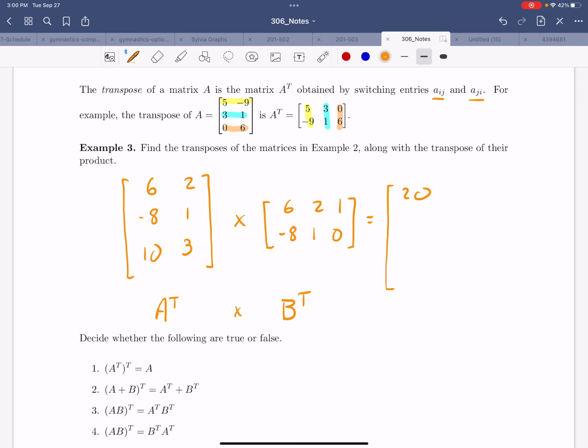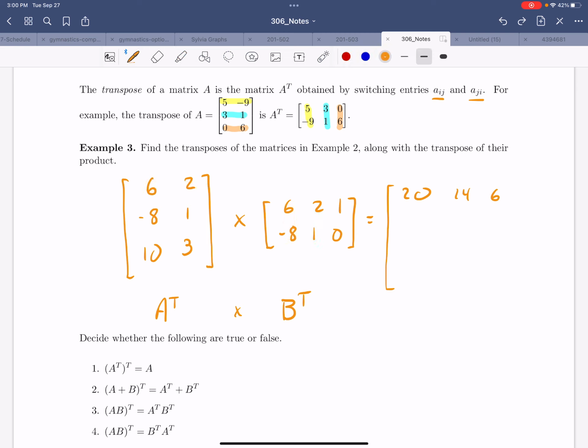Then the second row will be 6 times 2 plus 2 times 1, which I think is 14. And then 6 times 1 is 6. Just to be clear, the way I got those, I did this one times this one, then this one times this one, then this one times this one. So I got those 3 entries.